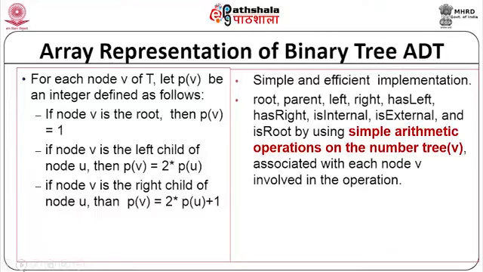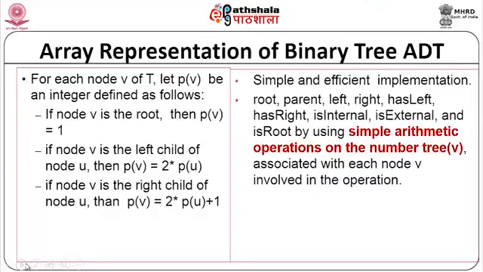So, for this array implementation, for each node V of T, let P of V be the integer defined as follows. If node V is the root, then P of V is equal to 1, that is the position. If node V is the left child of node U, then P of V is equal to 2 times P of U. So, if you look at the previous one, U is occupying 2, the left child of U will occupy 4.